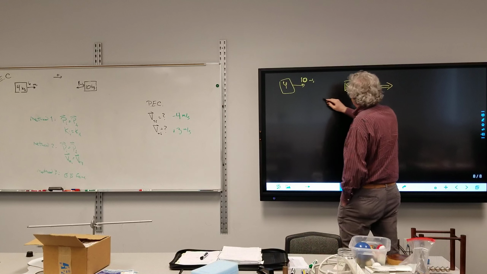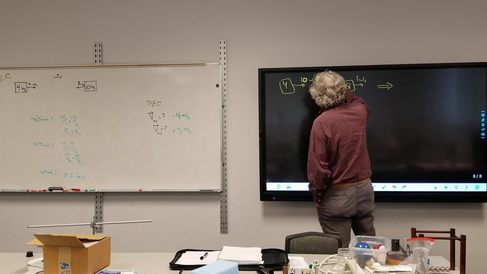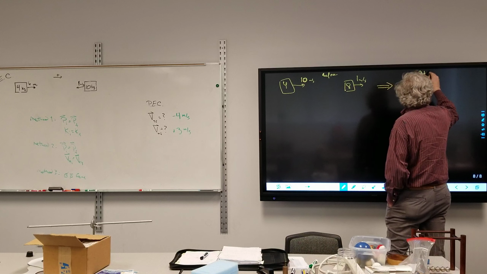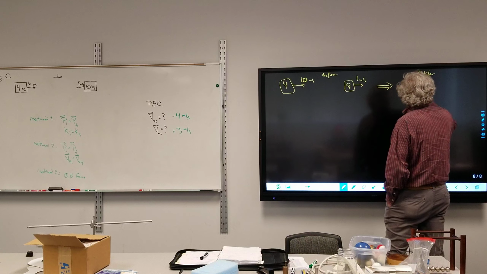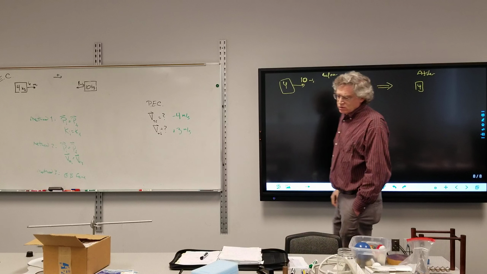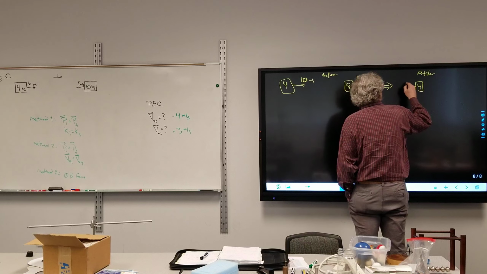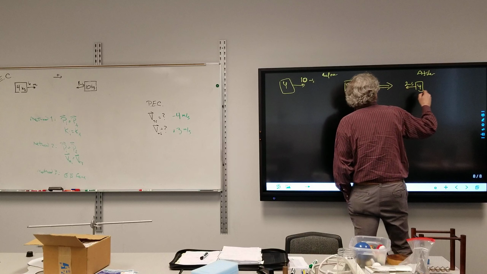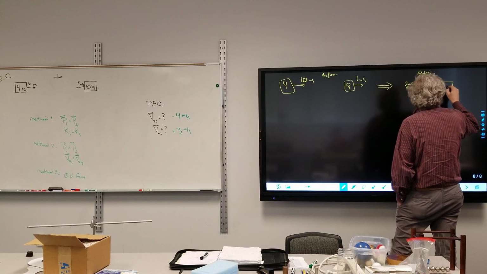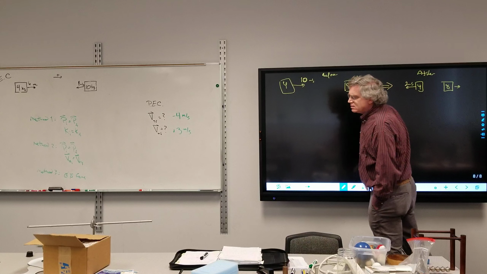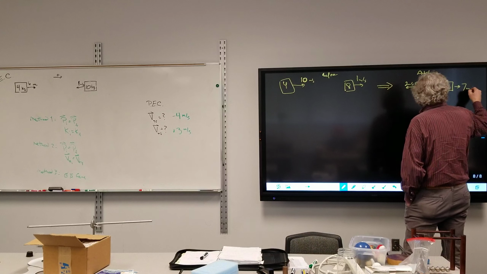This is before and after. After, the 4 is going to the left at 2 meters per second. And the 8 is going to the right at 7 meters per second.